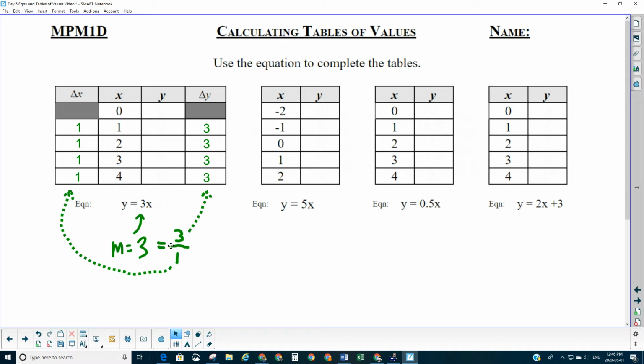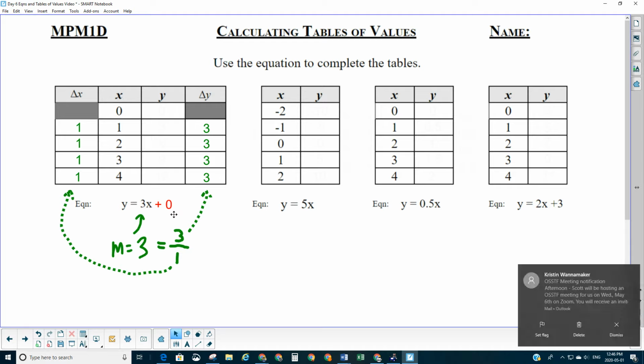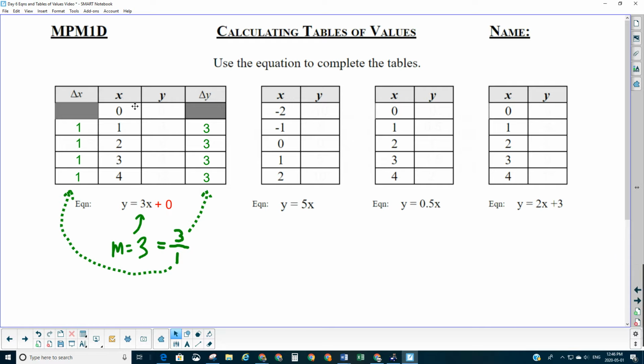Okay, so now we've got this fraction. Now we can use this to fill out the rest. You'll notice this is 3x plus 0, just like in the one before. So that means it starts at 0. And when I say start, I mean the initial value, when x equals 0. So if x equals 0, this one is a 0. Next, all you need to do is follow the pattern. You know the first difference is a 3.